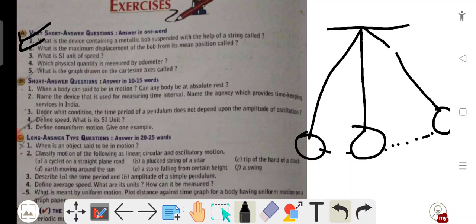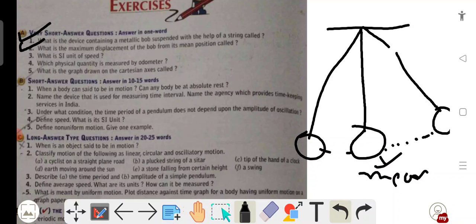This is the mean position. So the maximum displacement from the mean position is called the amplitude.